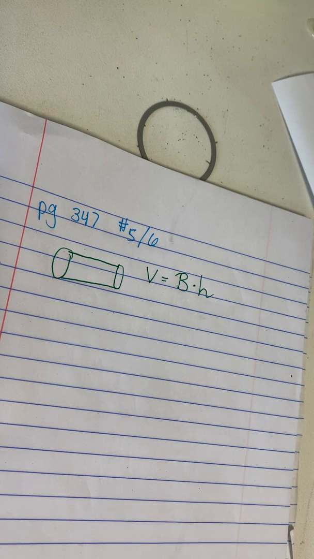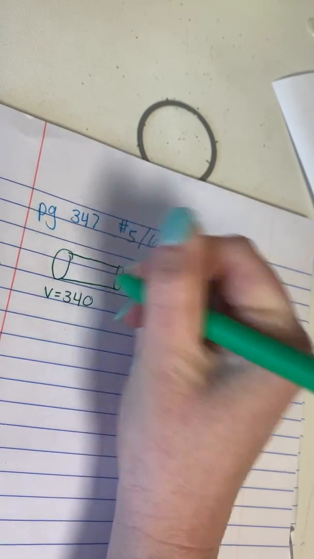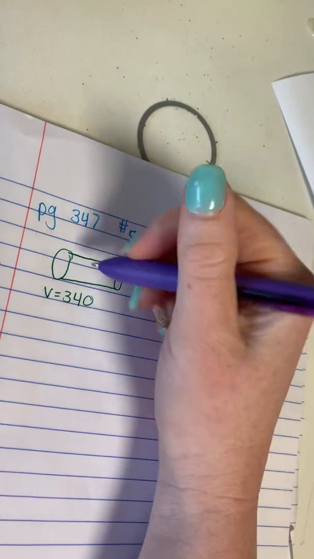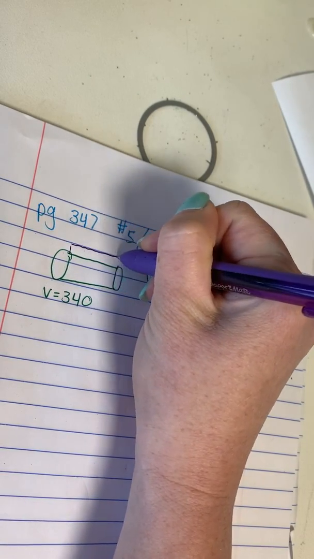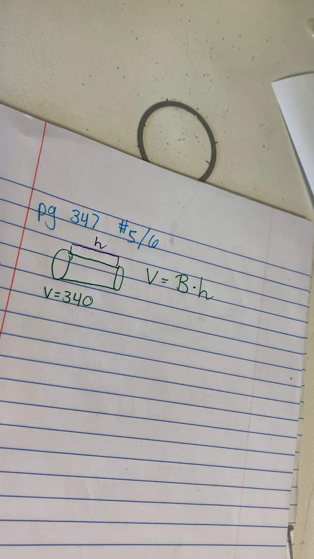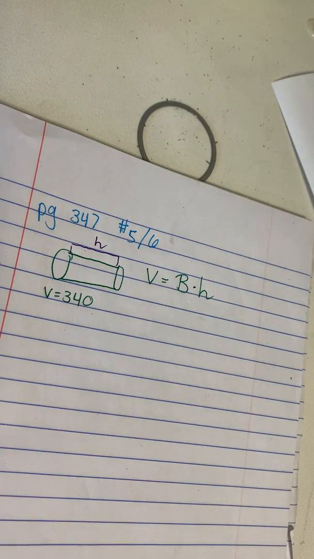So they gave us the volume of 340, and they did not give us the height. The height is what was missing from here to here. But they did give us a radius of 3. As soon as I find another color here, we'll use brown.